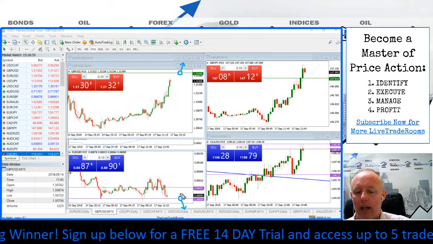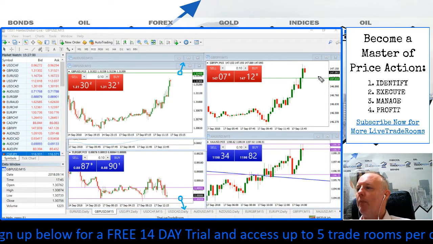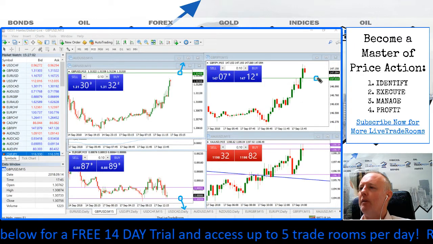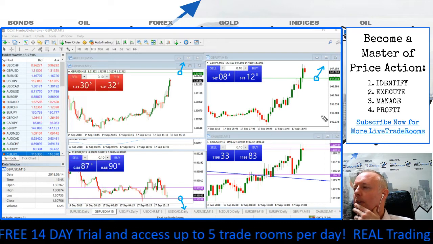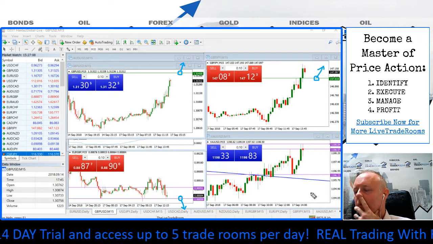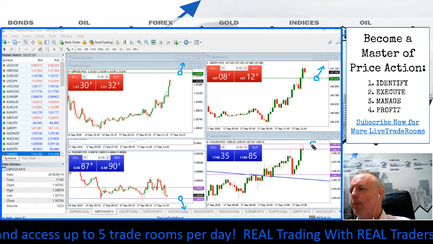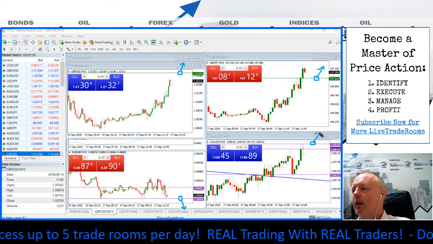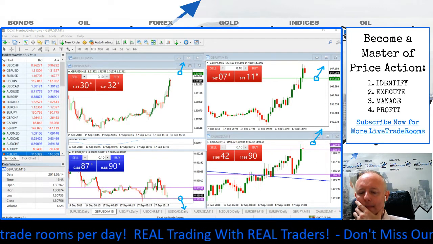That's roughly the level that we would like to get into this market at. We're quite happy to look for an opportunity to buy the pound yen if we get a pullback to 147.01. And there's even an opportunity to just buy this little breakout to the upside in the gold market.